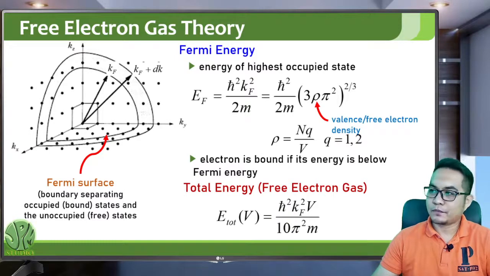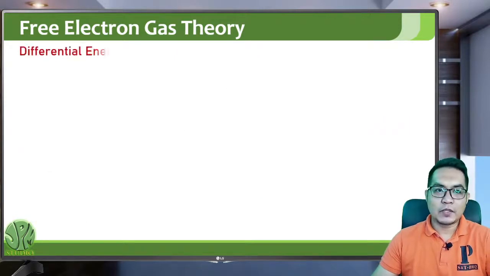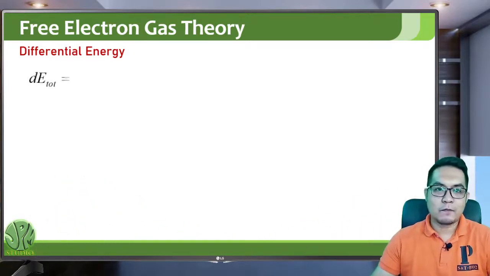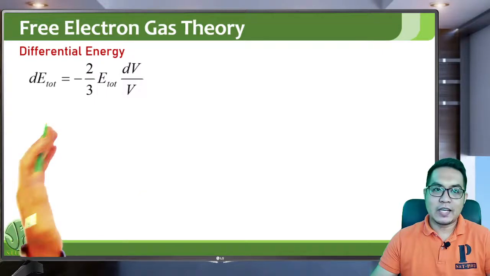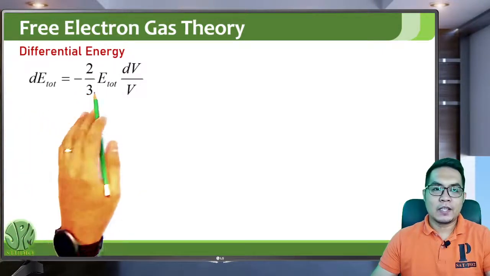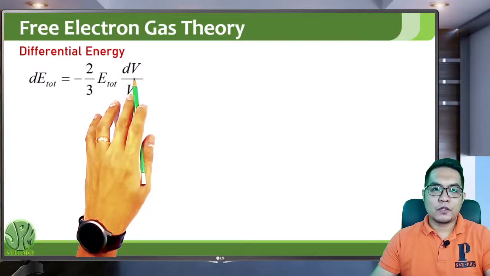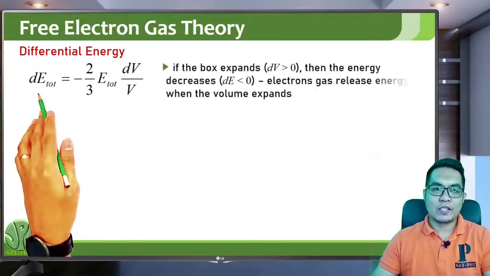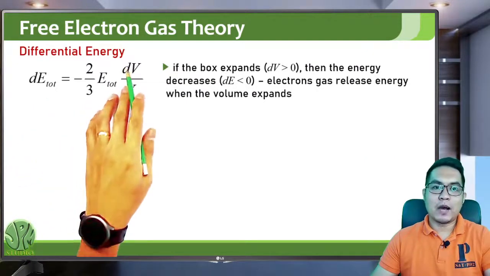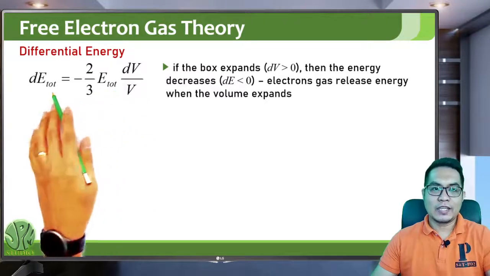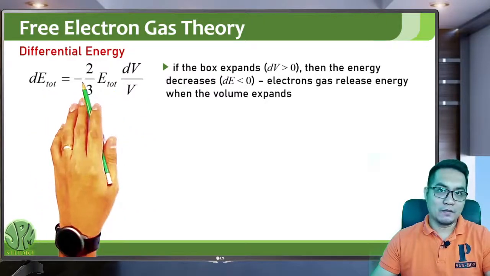It depends only on the mass of the electrons and the Fermi wave number. Now, if you try to calculate the change in energy of the gas whenever the gas expands or contracts, so if you take the derivative of that with respect to the differential of the volume, then you will get this one. We will focus only on the relationship between dV and dE. This means that if the box expands such that dV is greater than 0, then dE is negative.